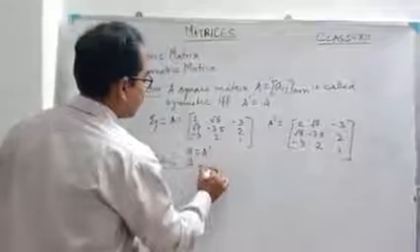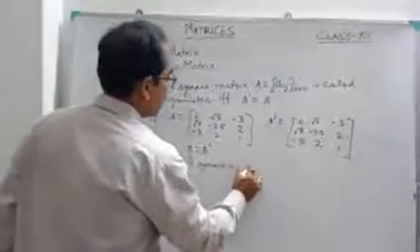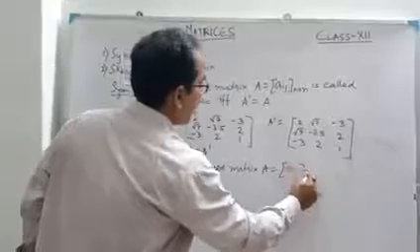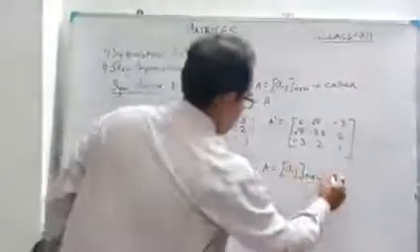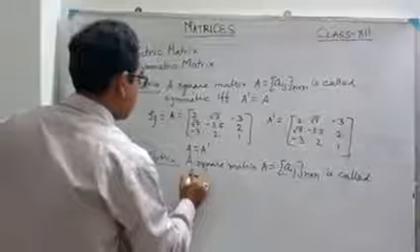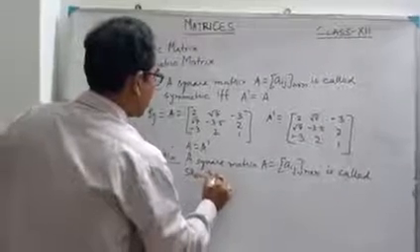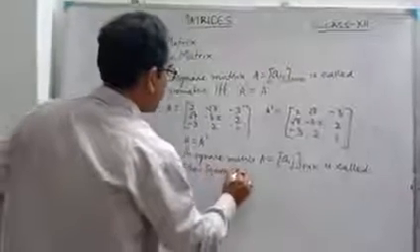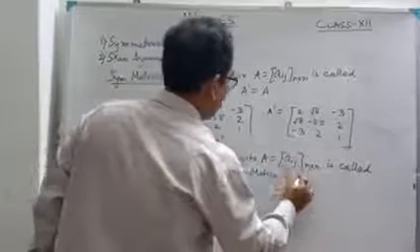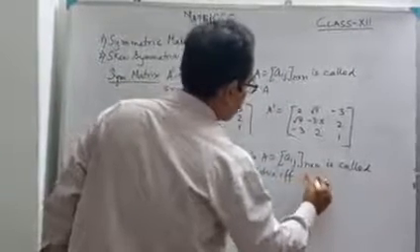A square matrix A equal to Aij, n cross n, is called a skew symmetric matrix if and only if A transpose equals minus A.